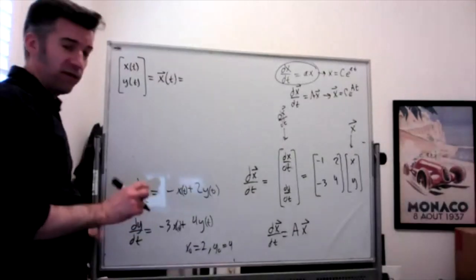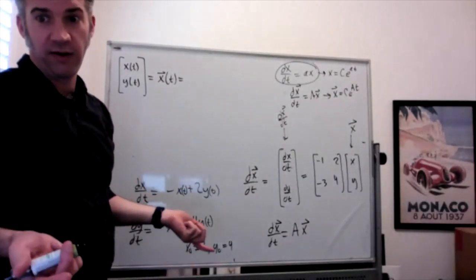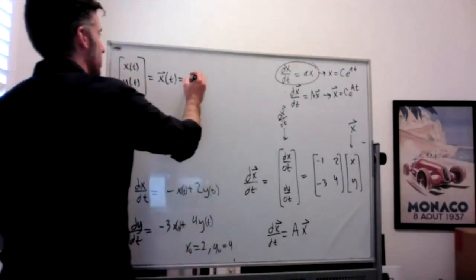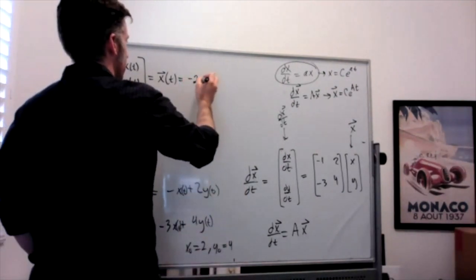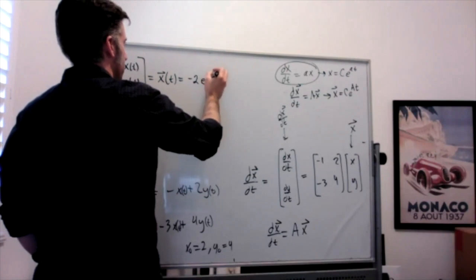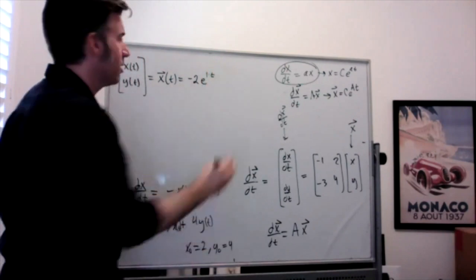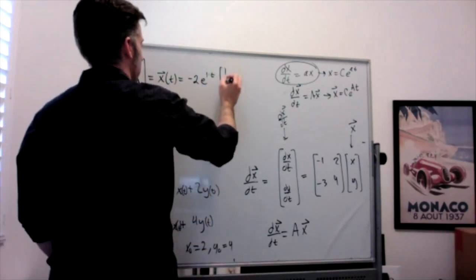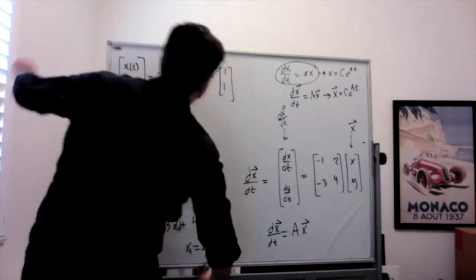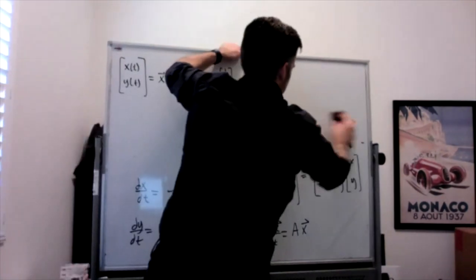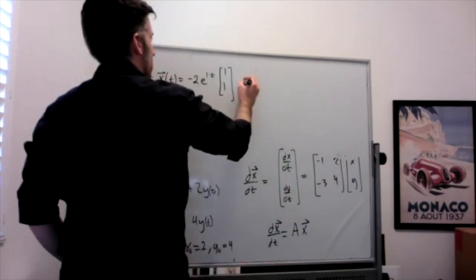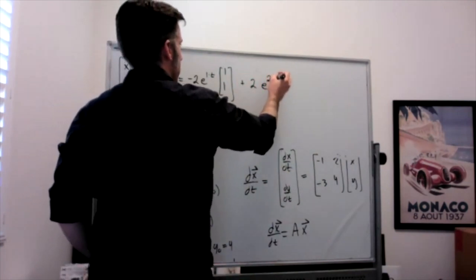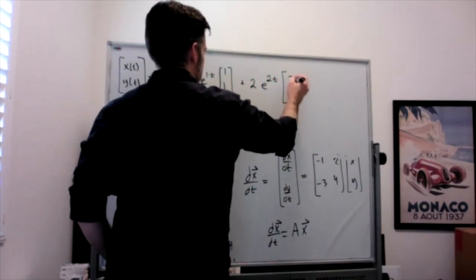So in this case, we found C1 to be -2 and C2 to be +2. So our solution is -2 e to the 1 times t. You don't really need to write the 1, but okay. Times the eigenvector 1, 1, plus 2 times e to the 2t times the eigenvector 2, 3.